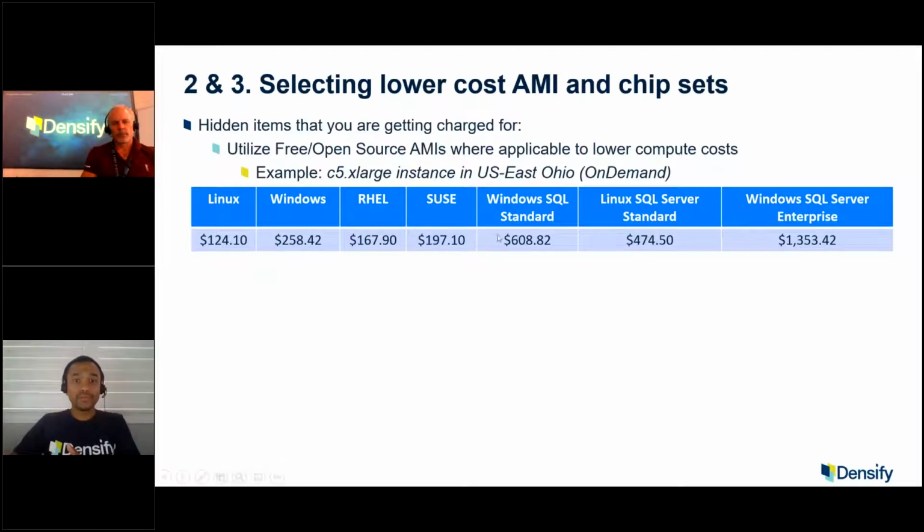And if you use SUSE, that would be $197 per month. So if your workload is actually based on a specific AMI and you're stuck with it, then yes, you have to go forward with it. But if it was not, then being informed and choosing the right AMI can make significant cost savings when you add them up.